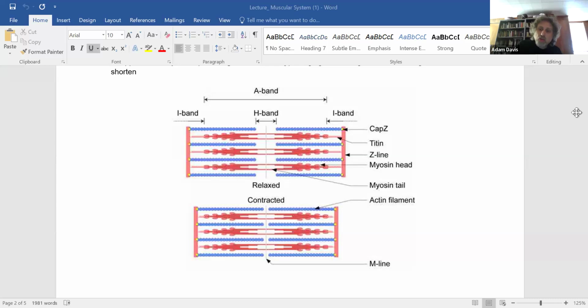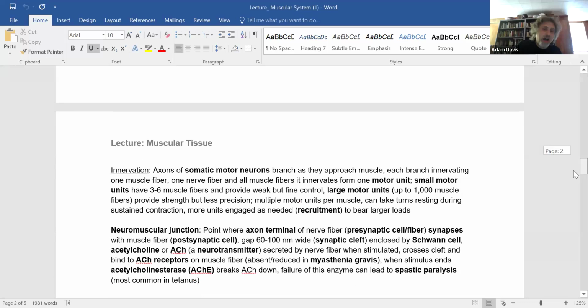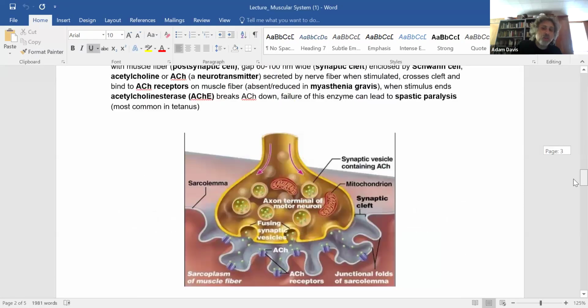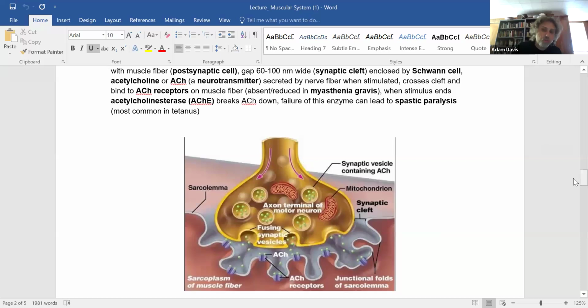Now, to talk about that, we're going to have to start exploring how, in fact, the muscle gets stimulated in the first place. And so here we have to talk about the communication between your nervous system and your muscular system. How does the body tell the muscle to go?